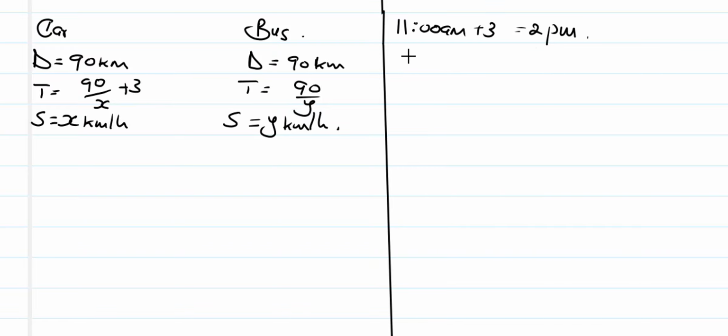Then both will be equal. So 90/x plus 3 will now be equal to 90/y, and that becomes our first equation.